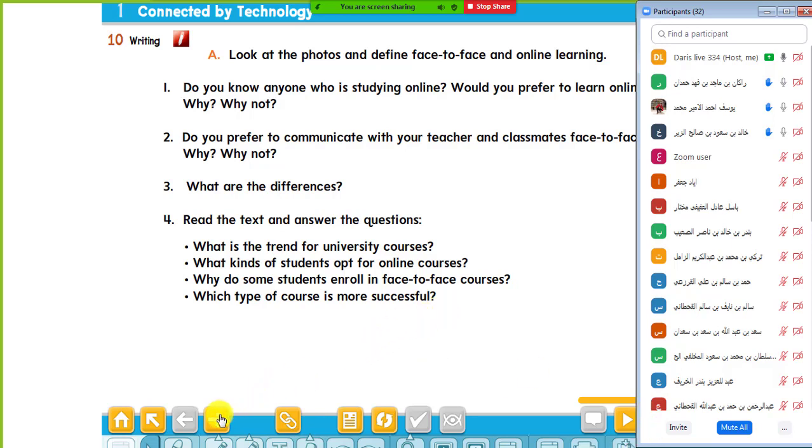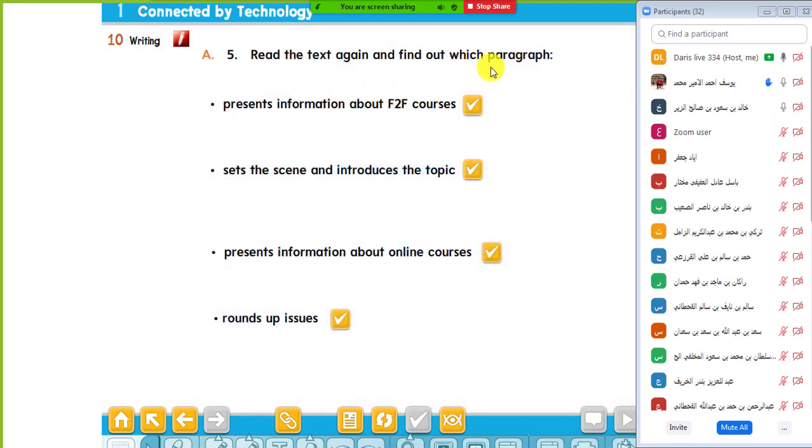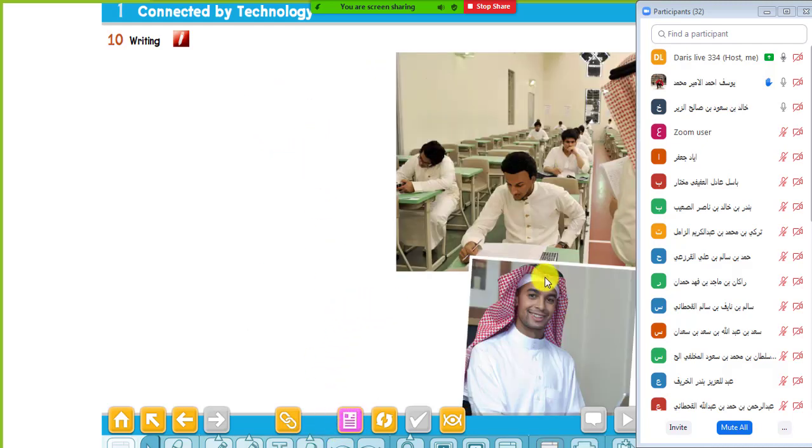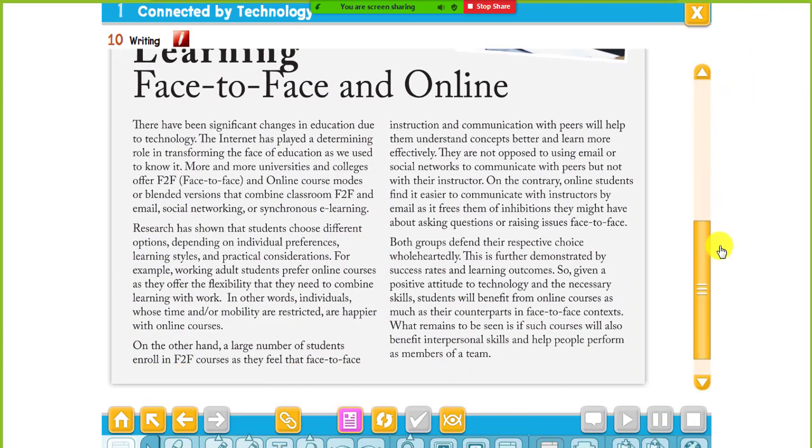Now, let's turn to next exercise 5. Read the text again and find out which paragraph presents information about face-to-face courses. Which paragraph? Let's go back and see which of these paragraphs we read presents information about face-to-face courses. Which one? We have 4 paragraphs.